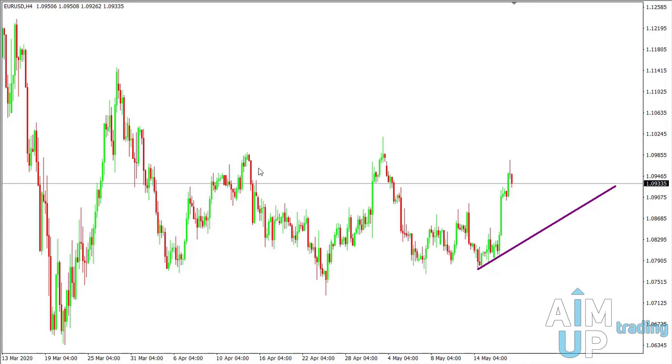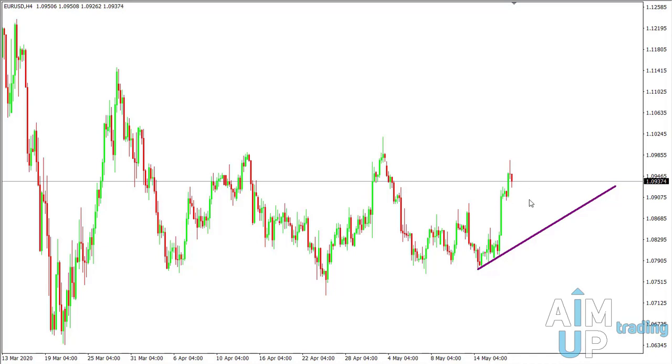We just have to wait for the price to go back to this trend line, and if the price respect this trend line again, we might look again for another long opportunity. But then we have another zone. You see this higher those highs where the price was respecting.